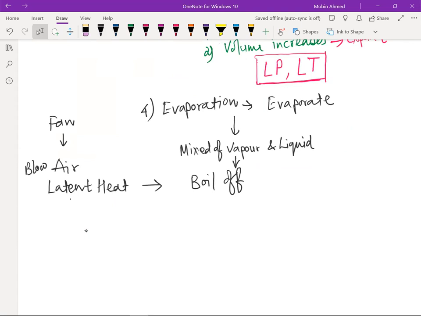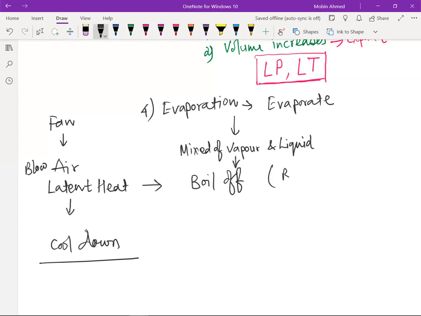So what happens when it is going to pass through the evaporator and latent heat is taken by the vapor? This air is going to be cooled down. Okay, it is going to cool down. And this will boil off because it is a low pressure.